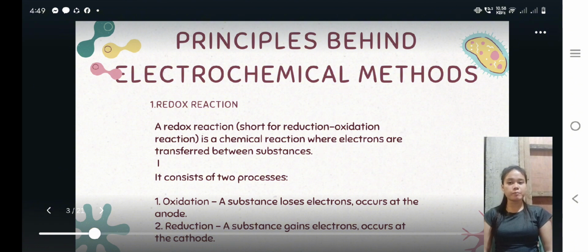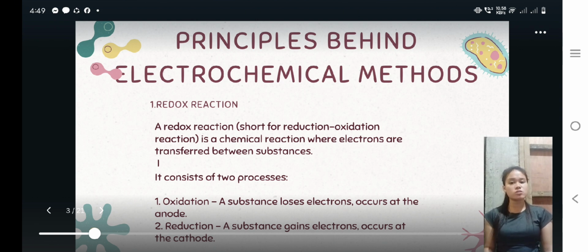In electrochemical methods, there are some principles. First is the redox reaction. A redox reaction is a chemical reaction where electrons are transferred between substances. The word redox is short for reduction and oxidation.